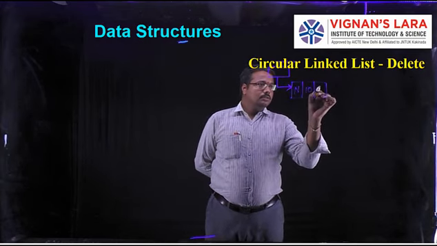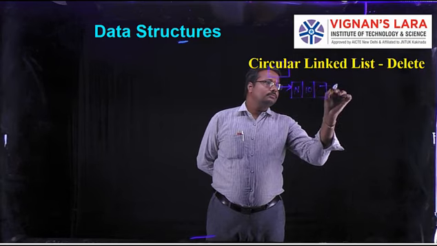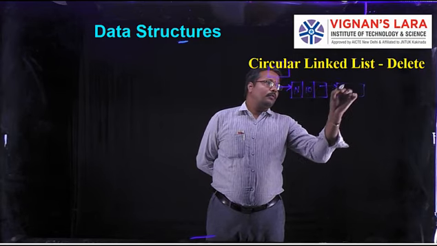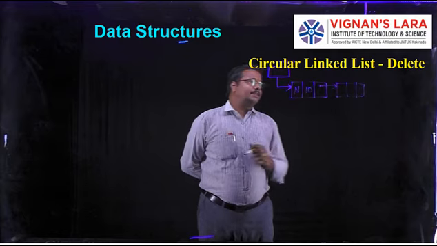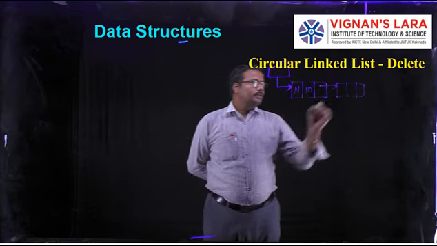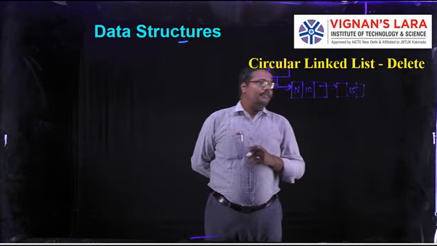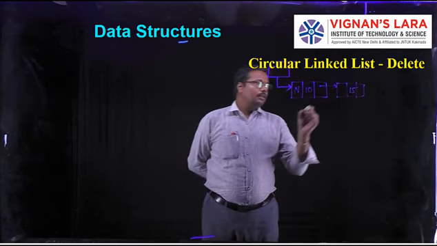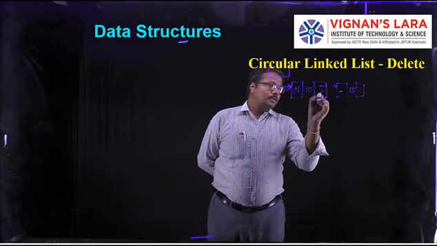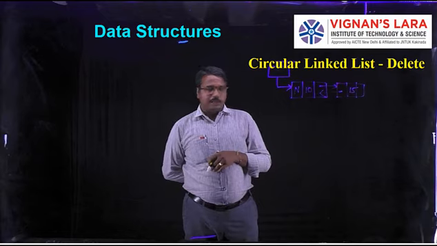After that, one more node, again three different fields. Here maybe the value is 15. The previous field is the 10th node's address.